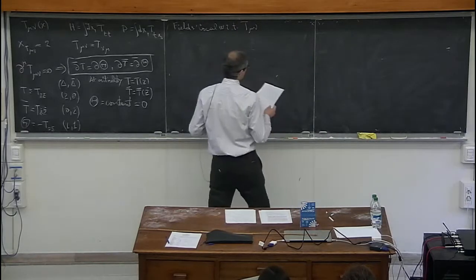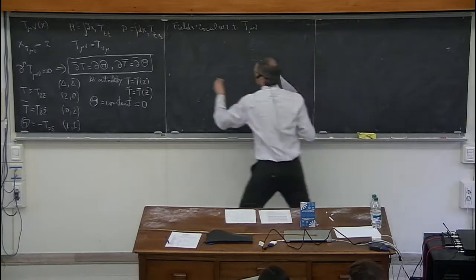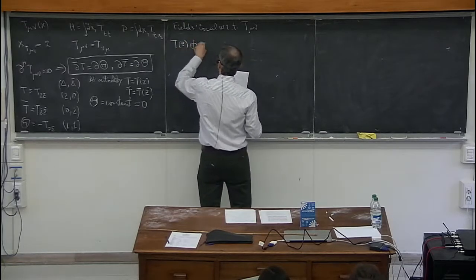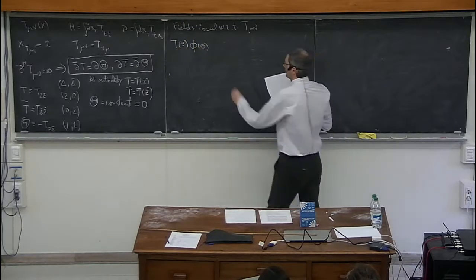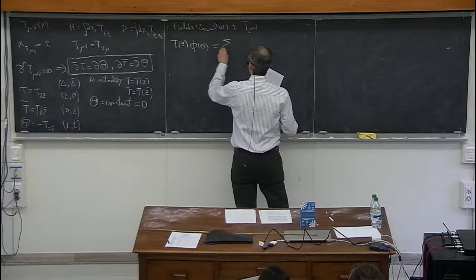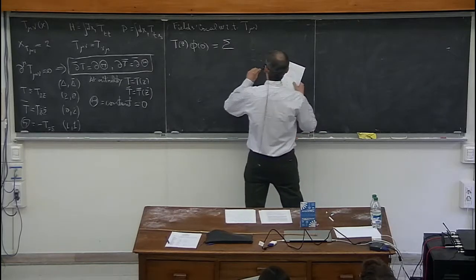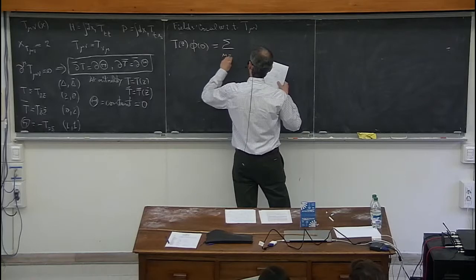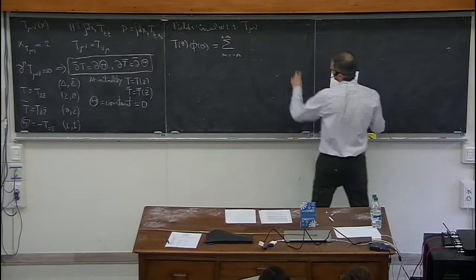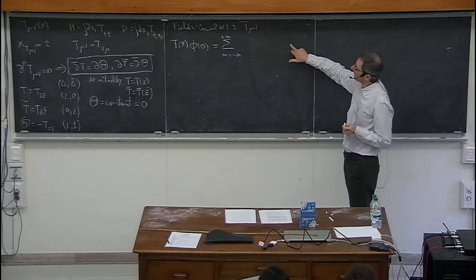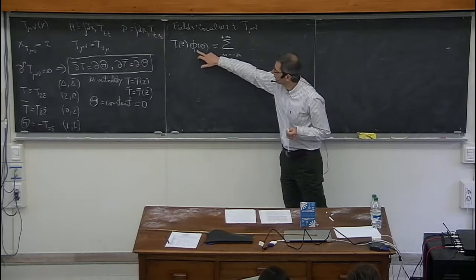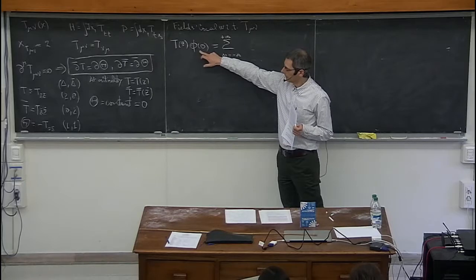So this implies that if I take T of z with some field phi, the OPE, due to the condition of mutual locality, will produce fields whose dimension differ by an integer from the dimension of the field phi.